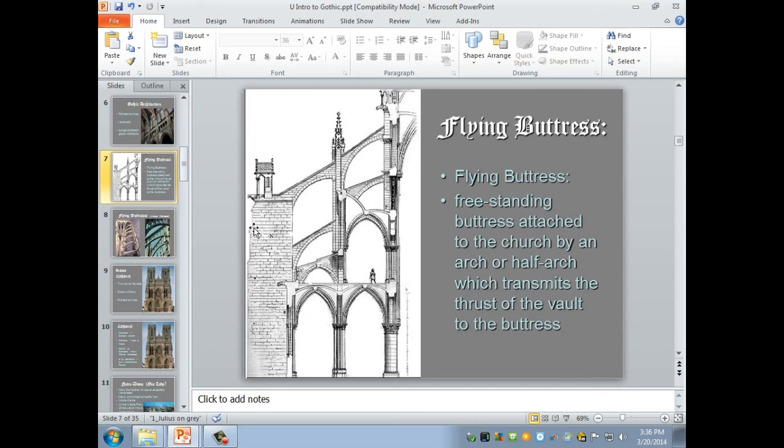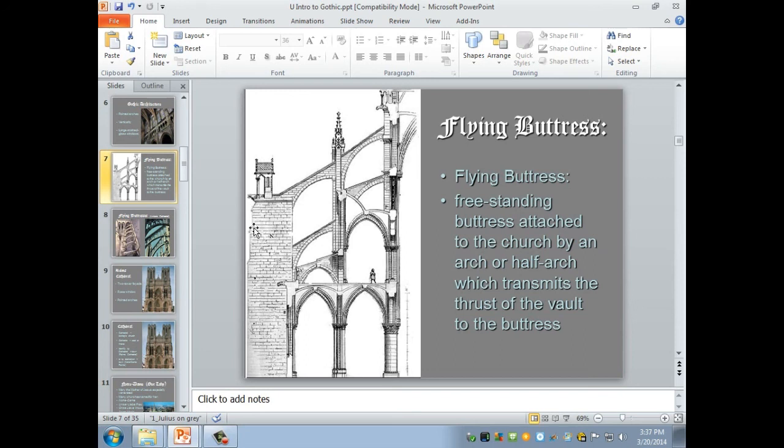And so these are pushing in and helping to support not just the walls, but also, because of the thrust, the way the weight is distributed in the vault. But in Romanesque churches, they'd be right against the wall. But here, they're distributed further out.